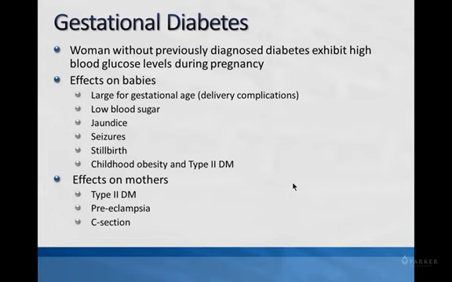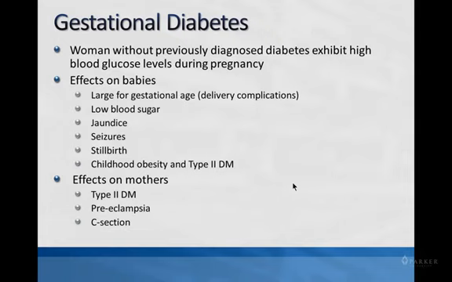Babies can have low blood sugar. They can be jaundiced. They can have seizures. Stillbirth, so that baby will be delivered but not alive. The children later in life have a much increased risk of developing childhood obesity and type 2 diabetes mellitus.